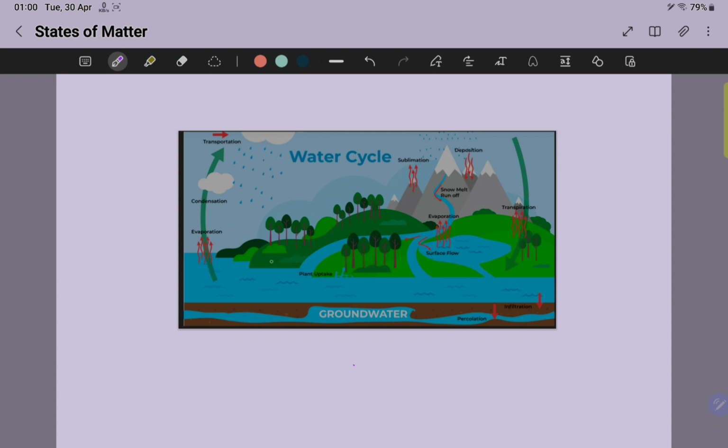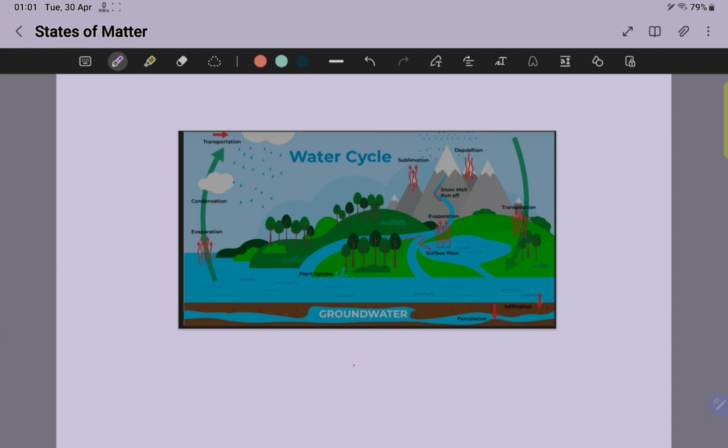Now, when the sun falls on the surface, the water present on the surface, that is in oceans, lakes, and rivers, starts evaporating, because water gets heated up, and on heating, the liquid molecules, that is the water, change into gas by the process of evaporation.